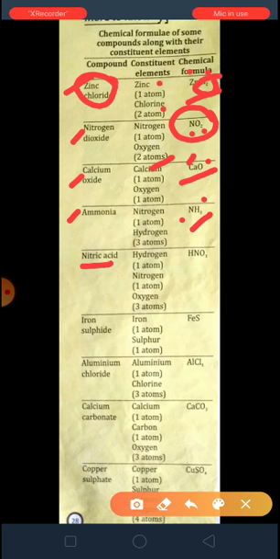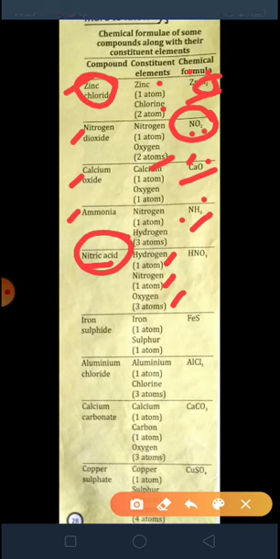Nitric acid is formed when hydrogen, nitrogen and oxygen chemically combine in a fixed proportion: one atom of hydrogen, one atom of nitrogen and three atoms of oxygen. When these three elements chemically combine, they form one molecule of nitric acid.